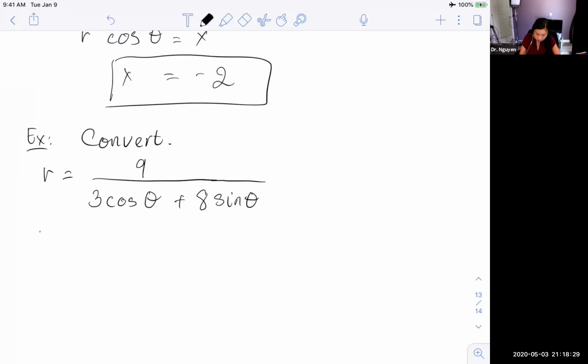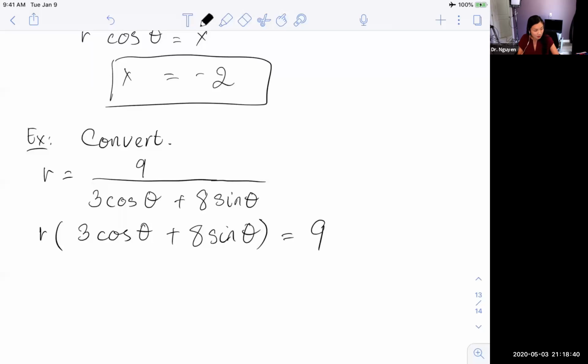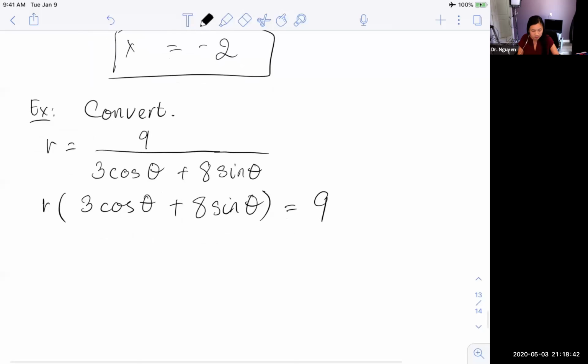So I can just multiply: r times 3 cosine of theta plus 8 sine of theta equals 9. Okay, now we can distribute.